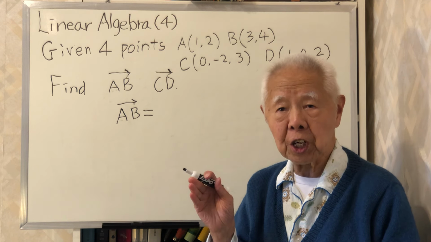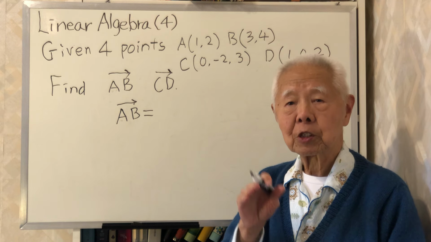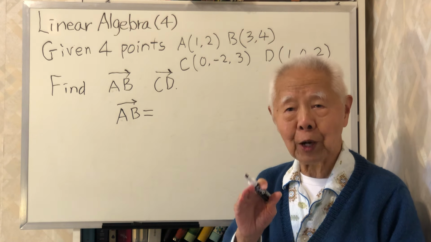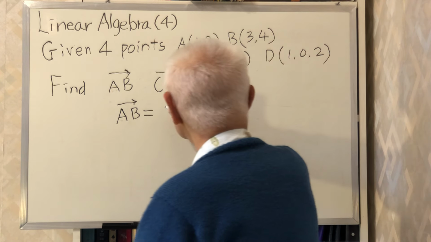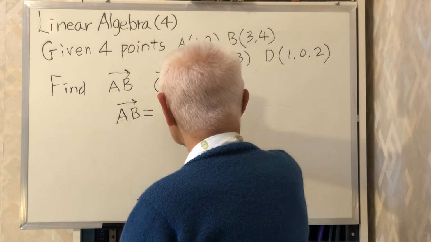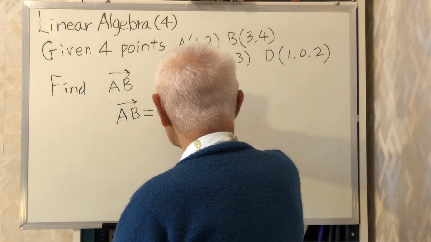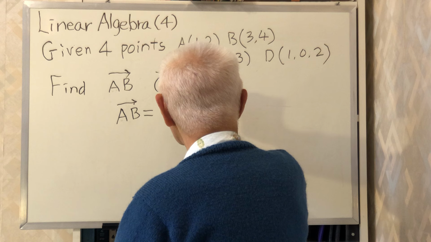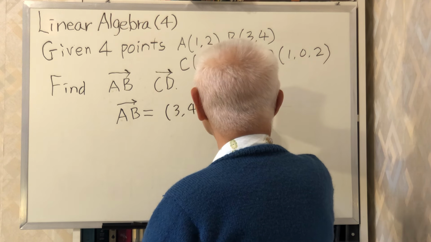The x-coordinate subtract the x-coordinate. The y-coordinate subtract y-coordinate. So the B is 3, 4. Minus 1, 2.